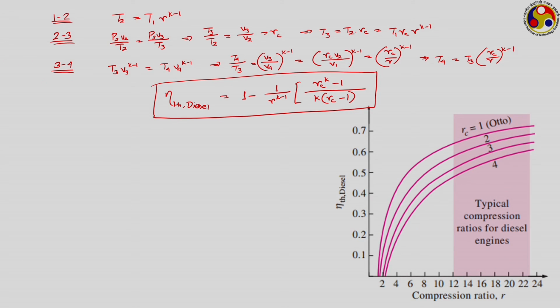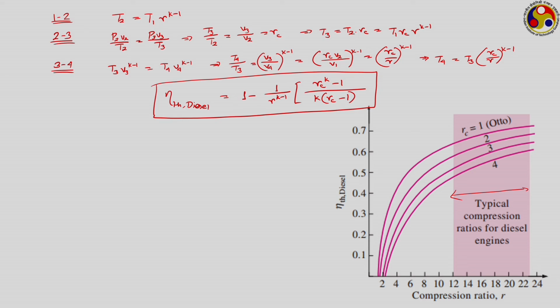If we plot it in terms of compression ratio, again you will see that for a given value of RC, R keeps on increasing. Typical compression ratio for diesel engines is much larger. You can see the range is 12 to 23, 24, which is well above the same for SI engines.